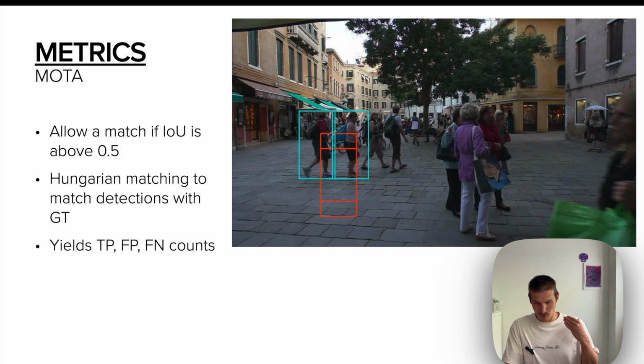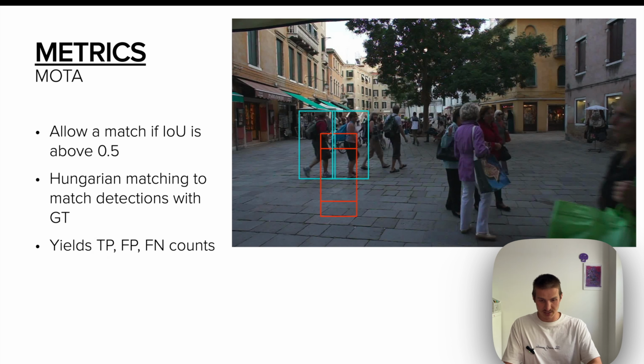We perform Hungarian matching to optimize the overall average similarity between predicted bounding boxes and ground truth objects, thus creating a connection of which object is covered by which prediction. In this case, some objects will be correctly covered by a bounding box, and that yields a true positive.